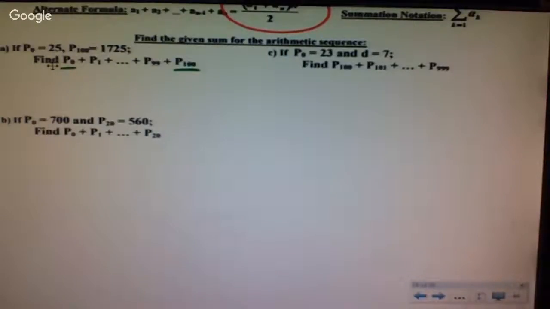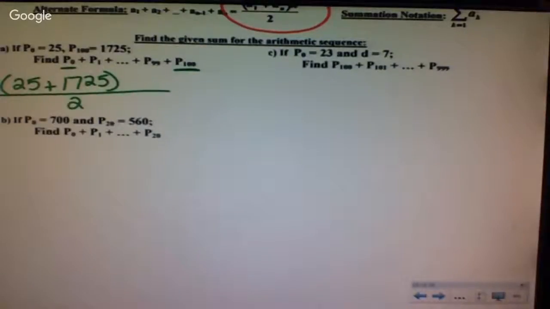So what's my first number? They want P sub 0, so 25 is your first number. My last one, they want P sub 100, so my last number is 1,725.